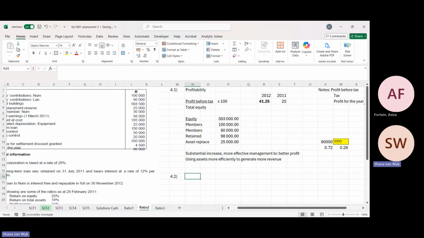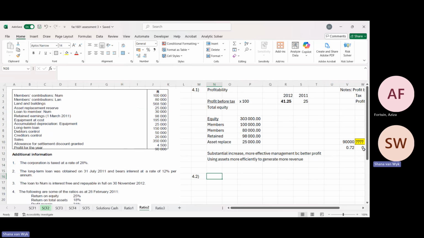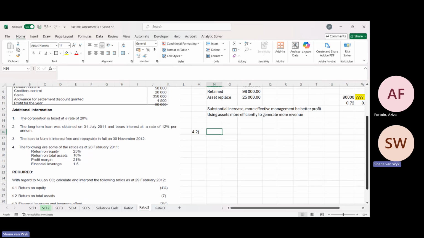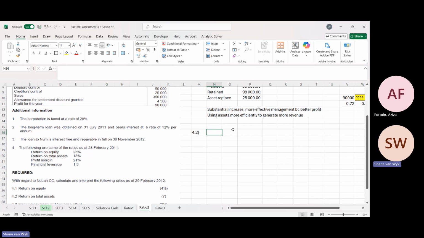This was a good one. 4.2 is a scary one. Okay, return on total assets. Let me quickly look at my notes on profitability.